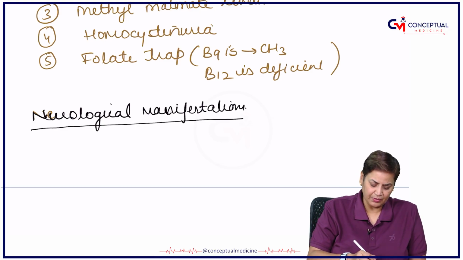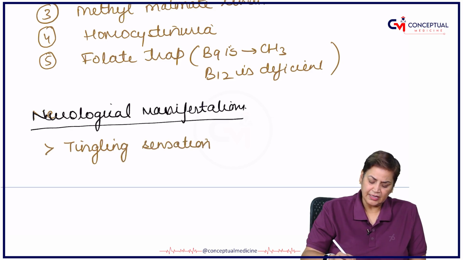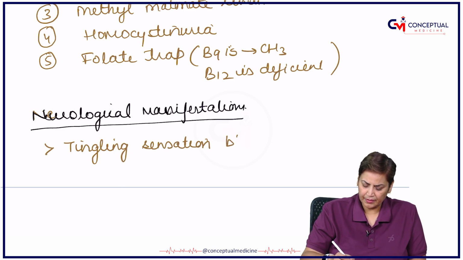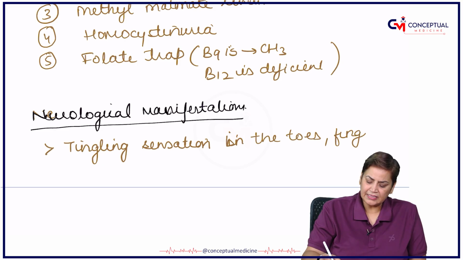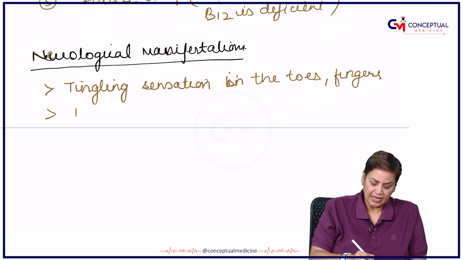Tingling sensation will be there. Right? Tingling sensation in the toes, you can say. In the toes, in the fingers, and sometimes that numbness will also come. Sometimes numbness will also appear.